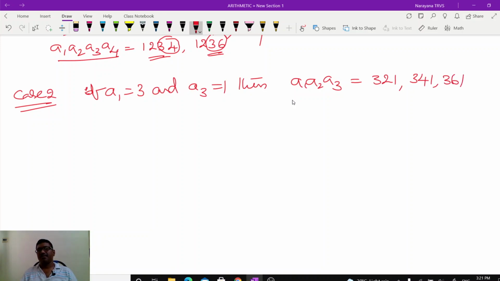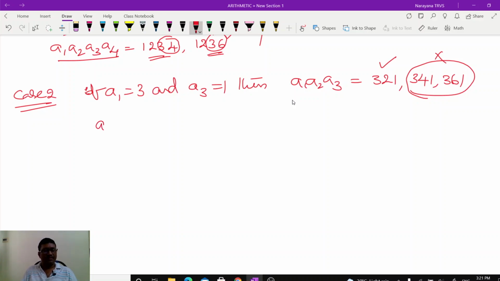The latter two are not divisible by 3, since their sums are not divisible by 3. So the possible value is 3, 2, 1.